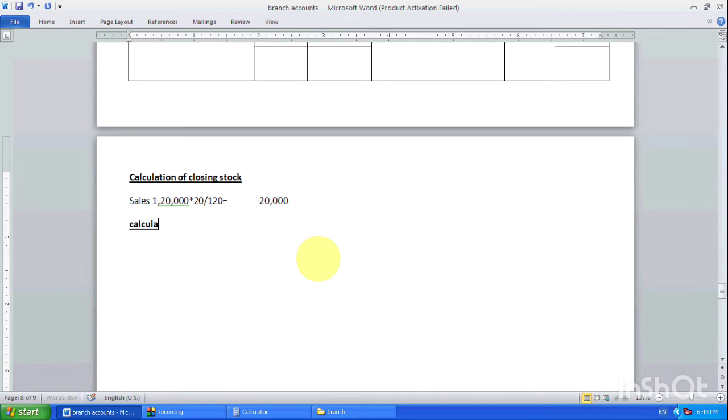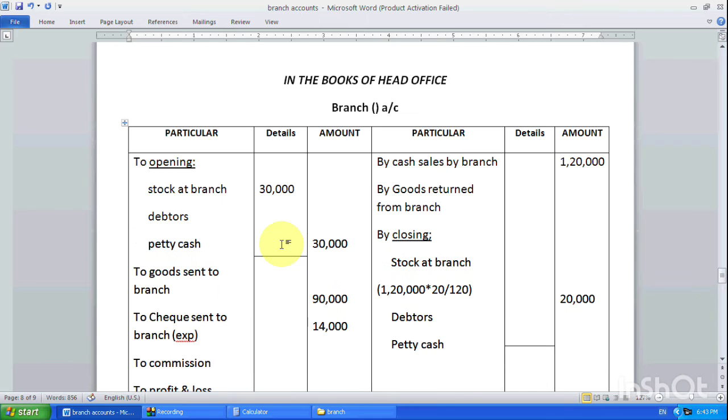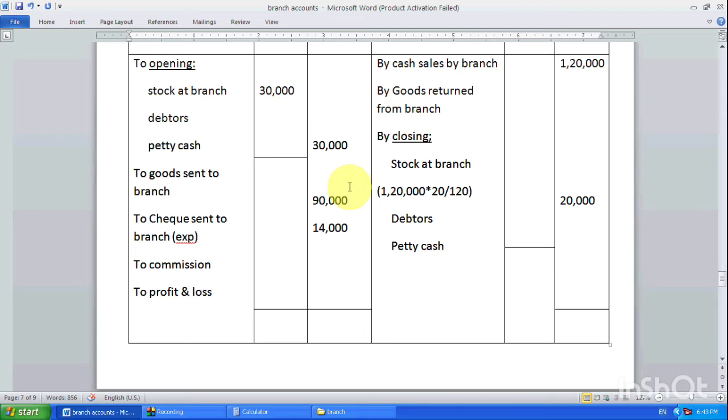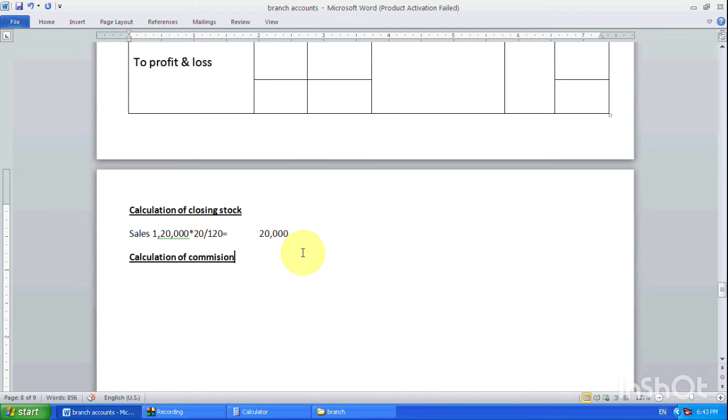Now calculation of commission. Commission to branch manager. How much is it? 5% is given. See here, commission is 5% to manager. We can also write manager commission or commission to manager, anything.